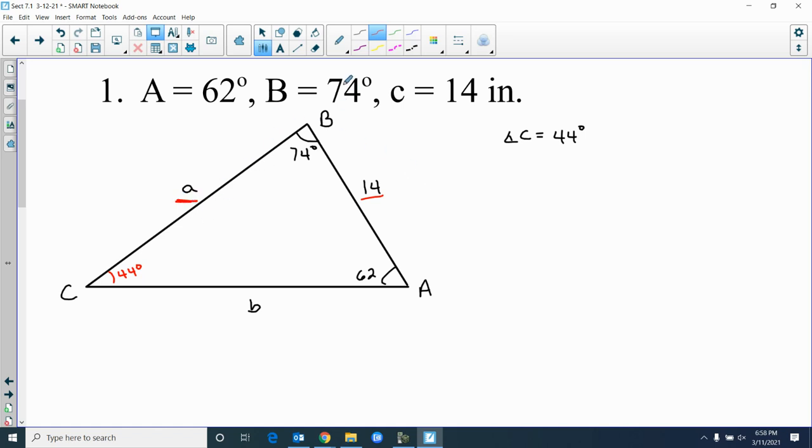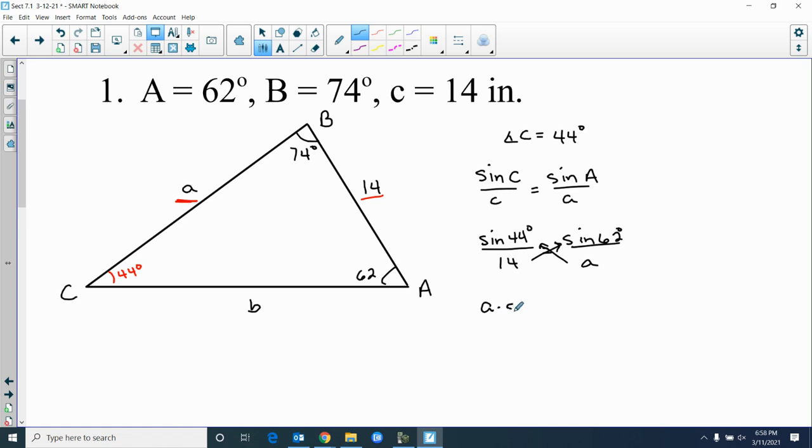I'm going to use the fact that sine of C over side C is going to equal the sine of angle A over side A. Well, C is 44 degrees, so I get the sine of 44 degrees over 14 inches equals the sine of angle A, which is 62 degrees, over side A. Basically, you've got a proportion. We're going to cross multiply to solve.